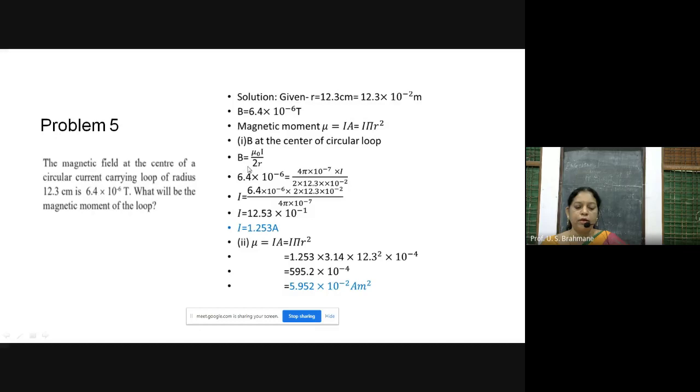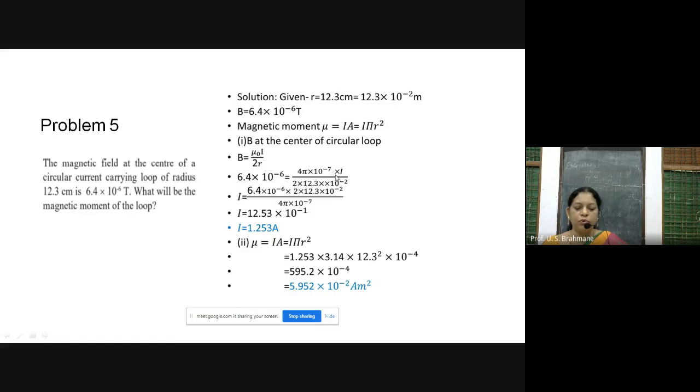So, what is the value of B? 6.4 into 10 raised to minus 6, which is equal to, what is mu 0? 4 pi into 10 raised to minus 7 into I, then divide by 2R. Now R is this value, 12.3 into 10 raised to minus 2. So all these values are written.